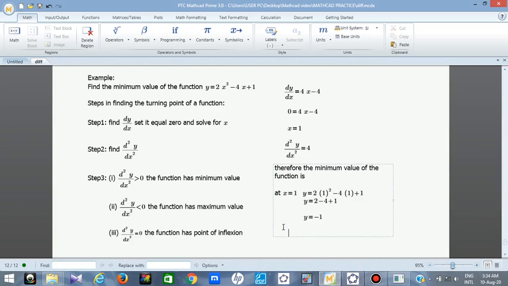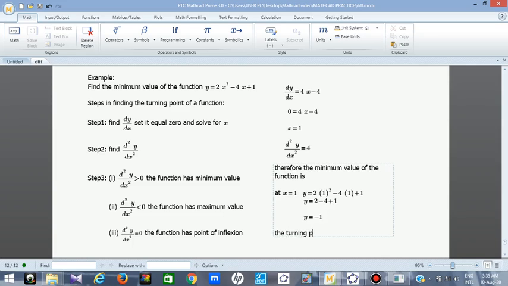Then you can get, so these are the values. So the minimum value of this function is at x equals 1, y equals minus 1. If you want to put it in terms of coordinates, you can just say the turning point.